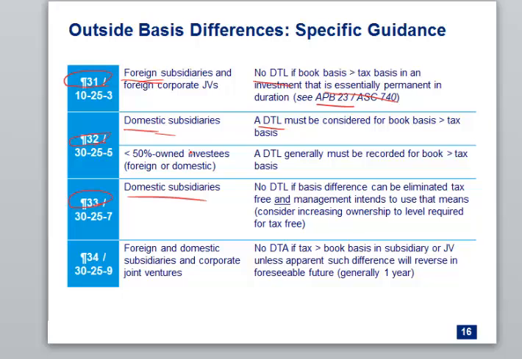If I have a U.S. company that owns another U.S. company, and I have a basis difference in that sub, I guess I have to accrue more U.S. tax for that basis difference. Right? But paragraph 33 says nah, don't worry about it. No DTL if you have the equivalent of like Section 332. You could just make that basis difference go away.